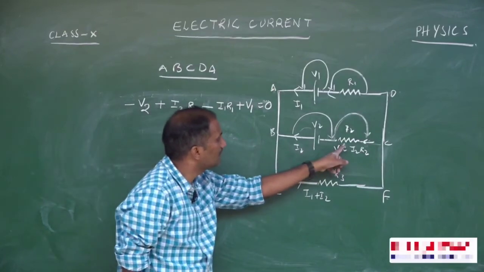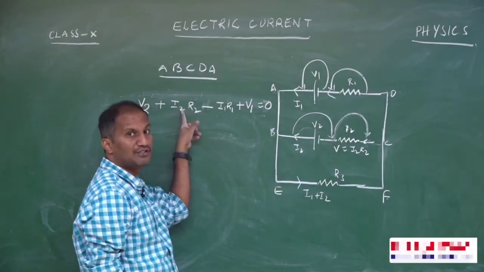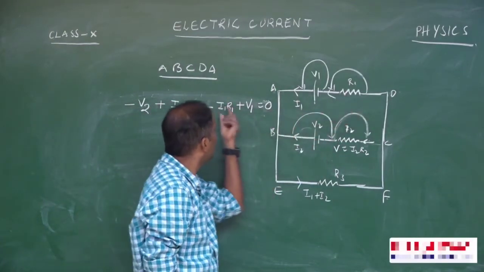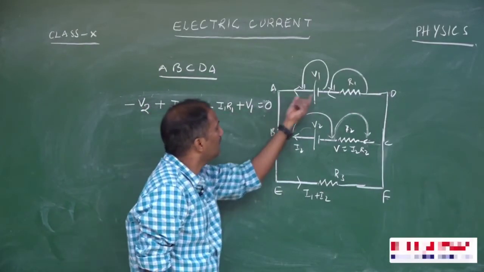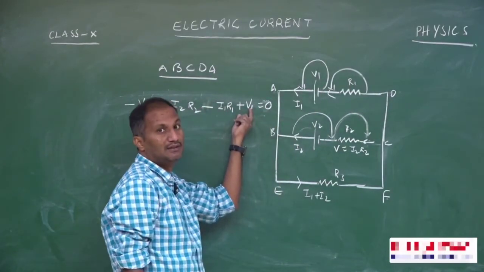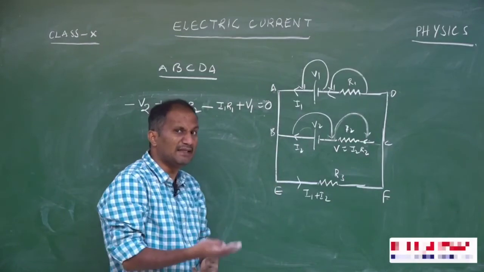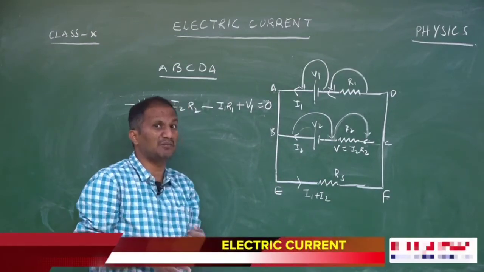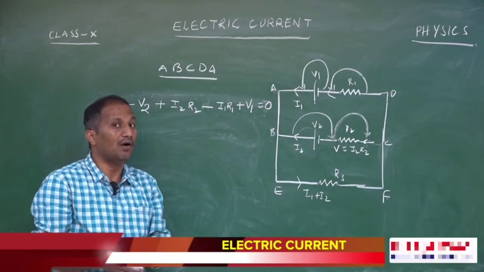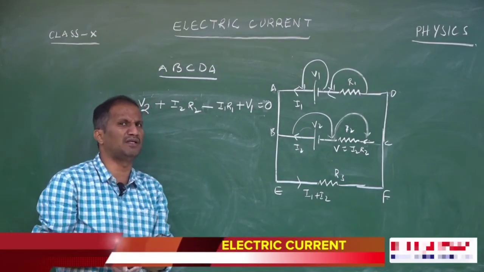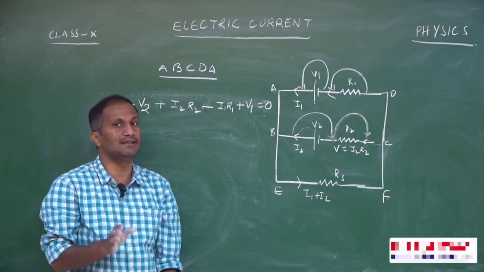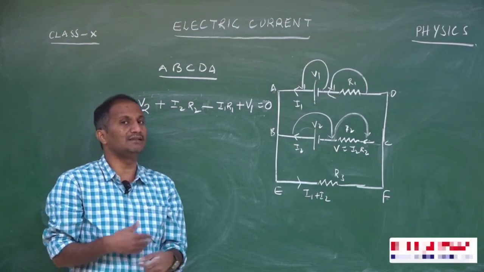At the resistor R2 there is an increase in potential. At the resistor R1 again there is a drop in potential. At the cell V1 there is a gain in potential. At different components it may be increase or decrease. The algebraic sum of increase and decrease in all the potentials at different components of a closed loop circuit is equal to 0. Why is it said to be 0?